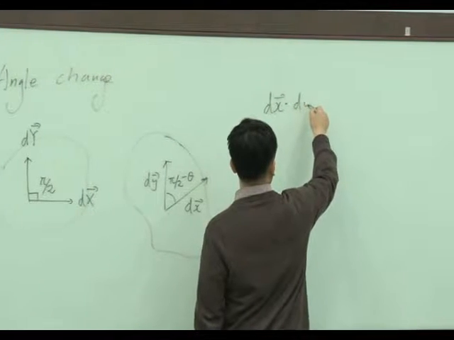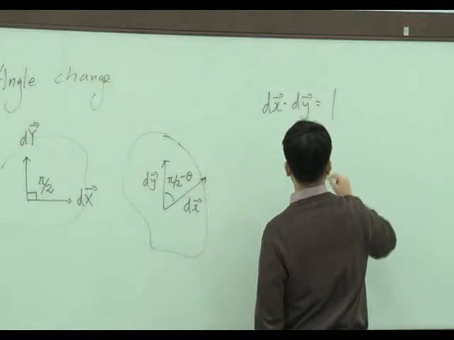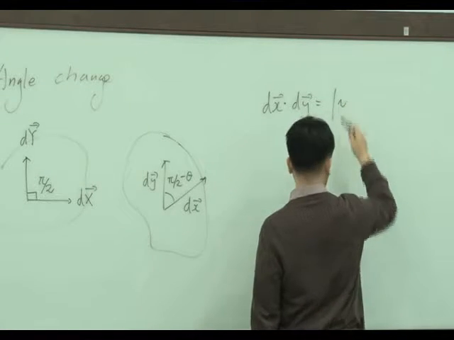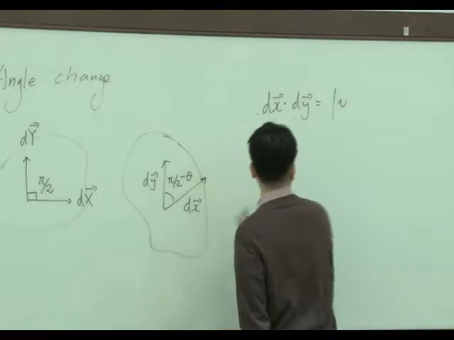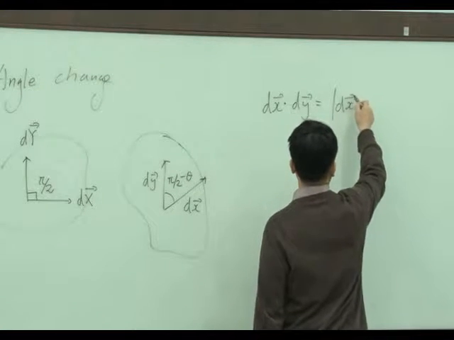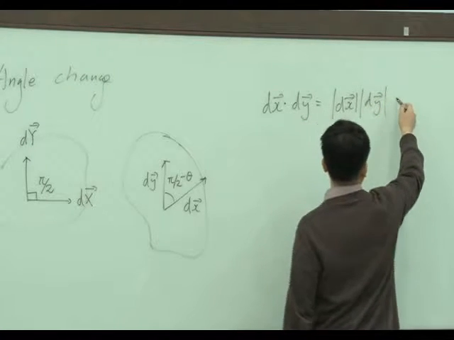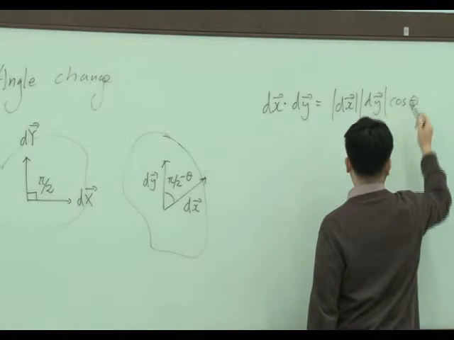Let's say the scalar product of two vectors, from its definition, is the magnitude of dx, the magnitude of dy, and cosine theta.